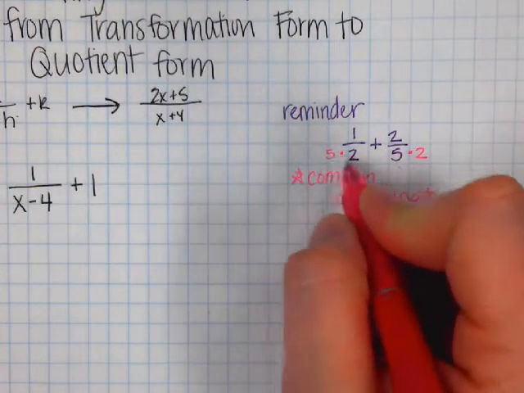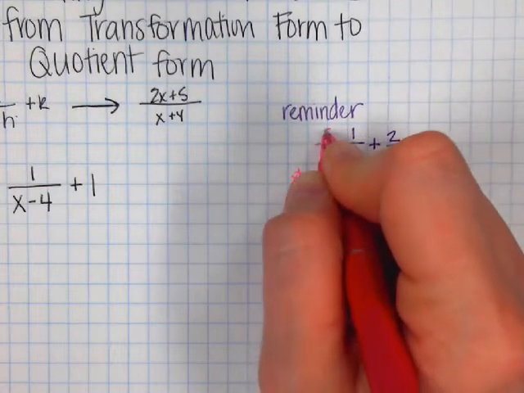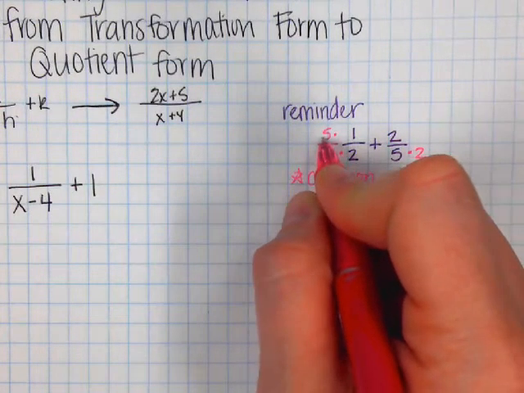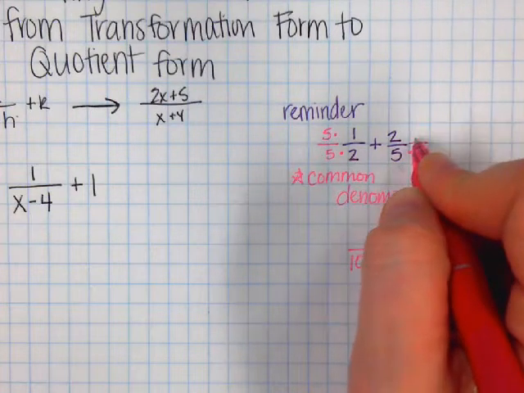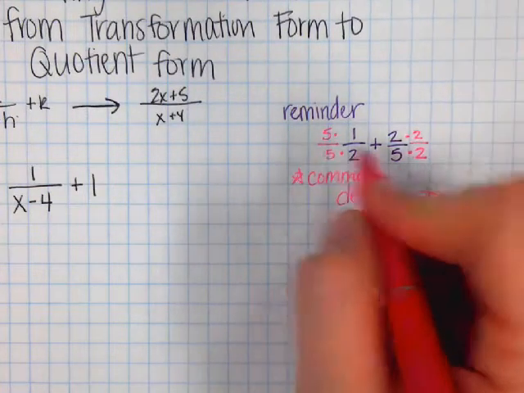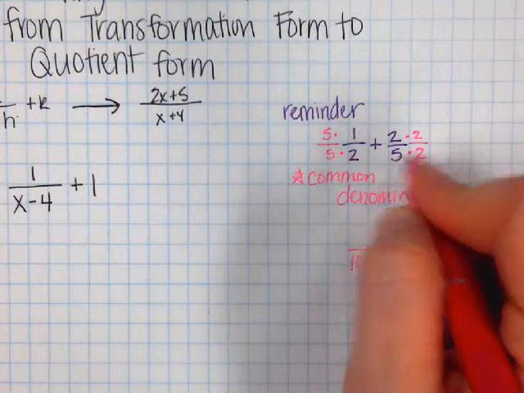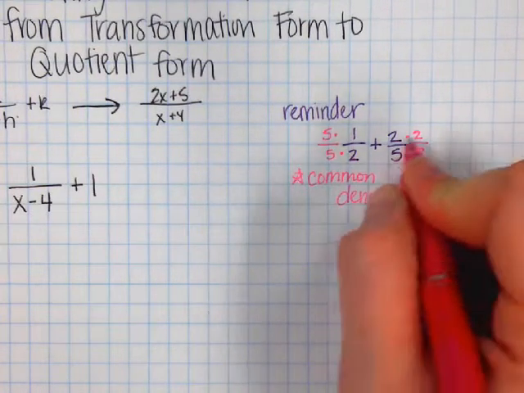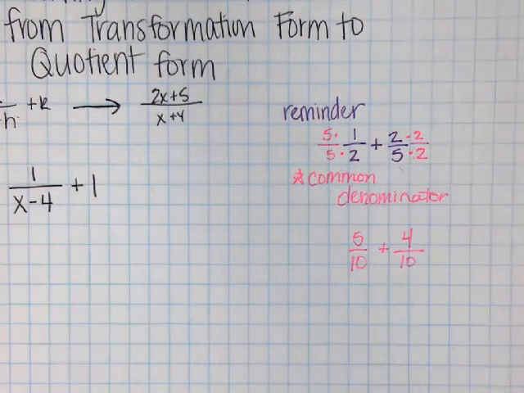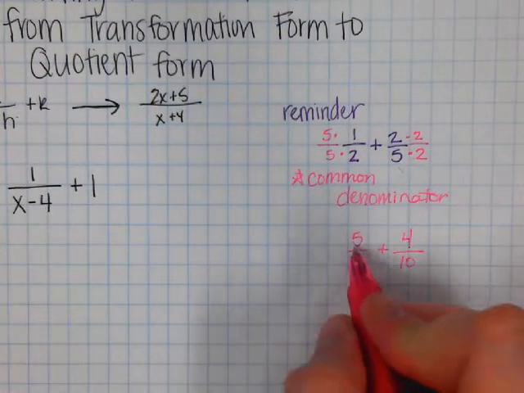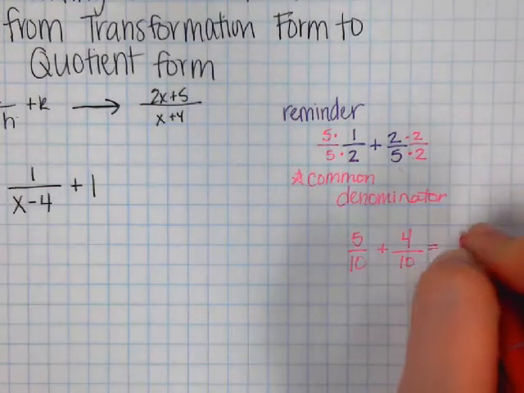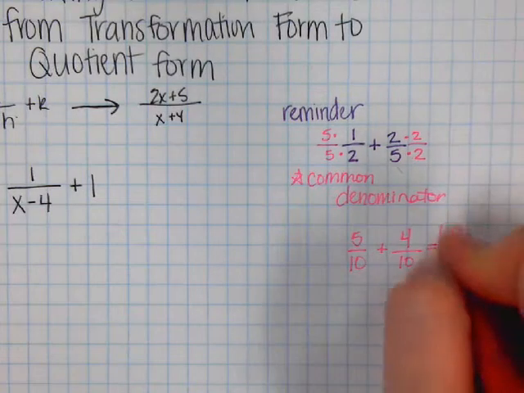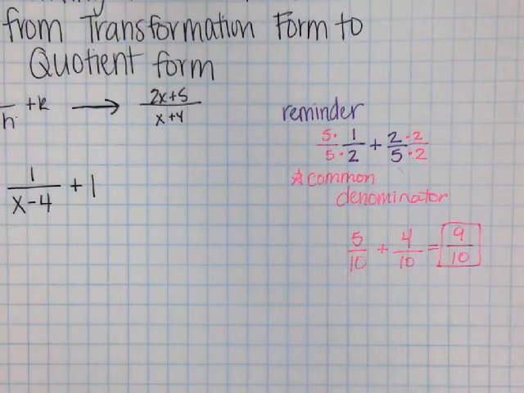Now, I can't just randomly multiply by a 5. You always have to multiply by 1. So whatever I multiply on the bottom, I have to multiply on the top. 5 times 1 is 5. 2 times 2 is 4. And then 5 plus 4 is 9, so it would be 9/10 when I add that together.